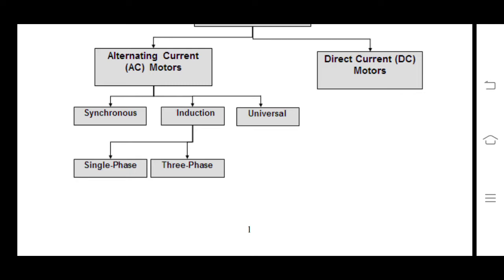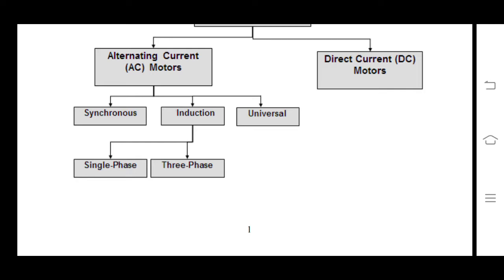Synchronous machines run at one speed, that is called synchronous speed. But induction machines run at other than synchronous speed, that is why they are called asynchronous machines.